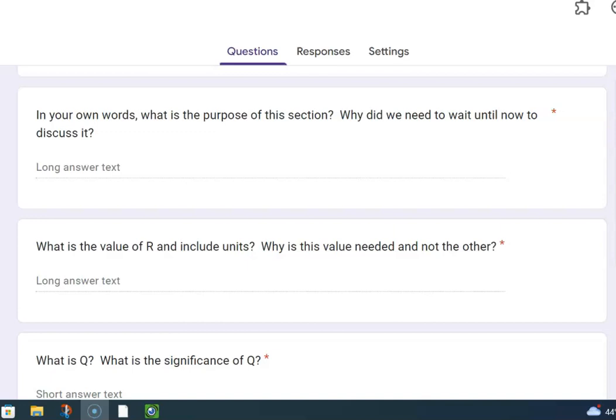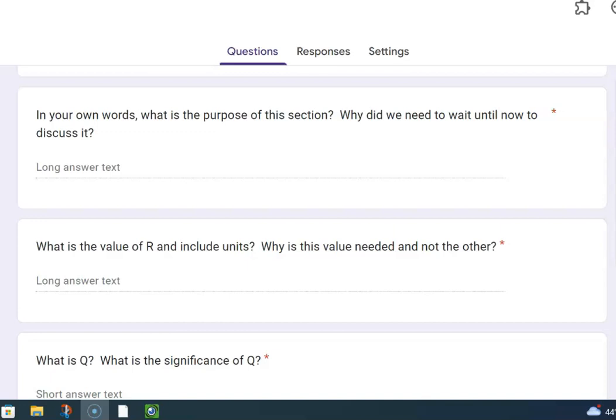If delta G was negative, it was spontaneous. If delta G was positive, it was not. But why did we stop right there? Because delta G had to be at standard conditions of 1 atmosphere and 25 degrees Celsius.